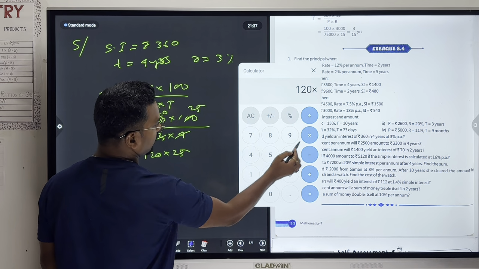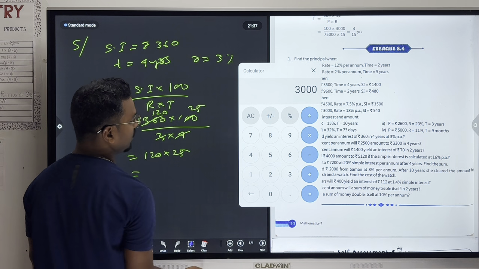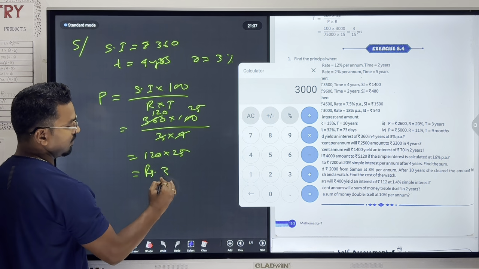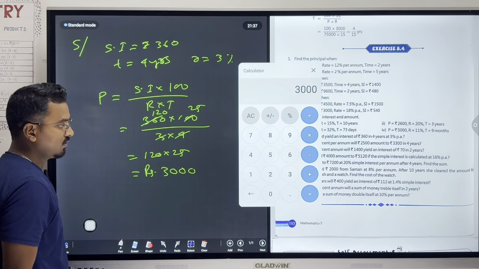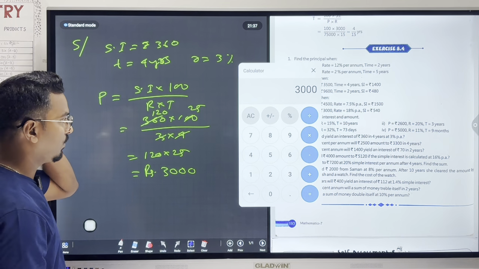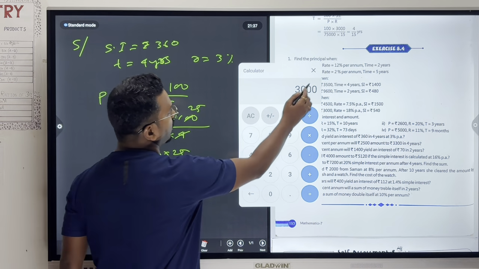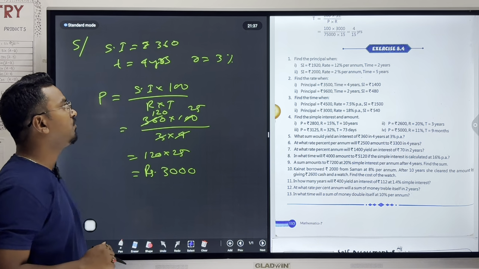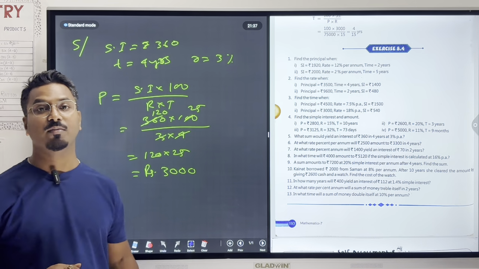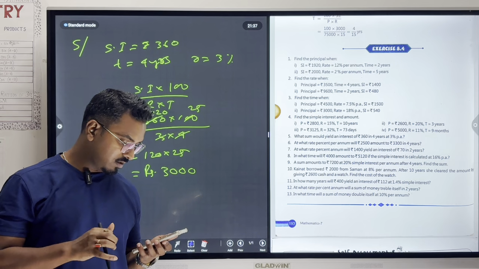It will be 3000 rupees. Clear? If the principal is 3000 rupees, then you will get an interest of 360 if you keep it for 4 years at a rate of interest 3%.